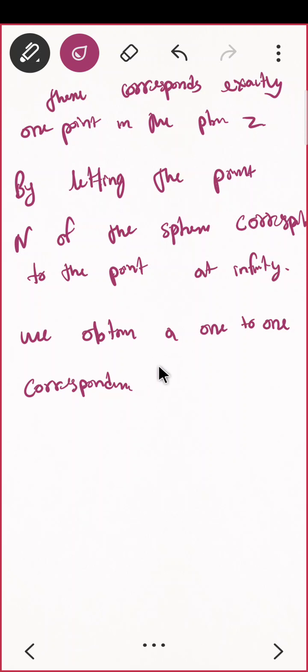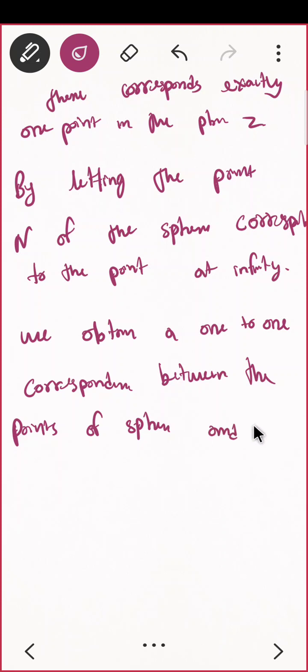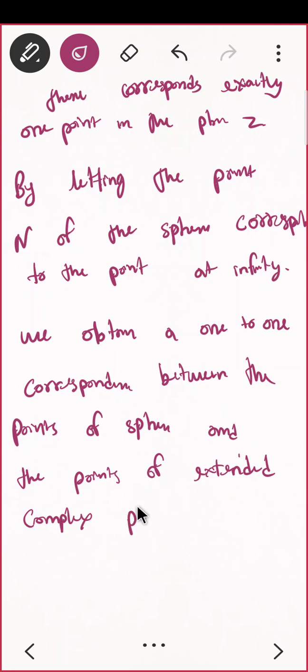Between the points of the sphere and the points of the extended complex plane.